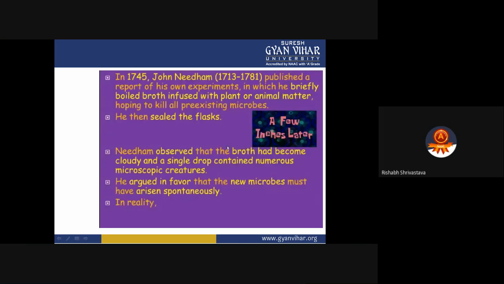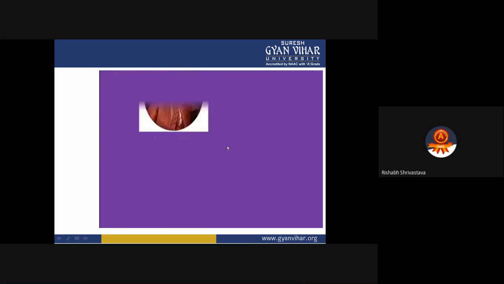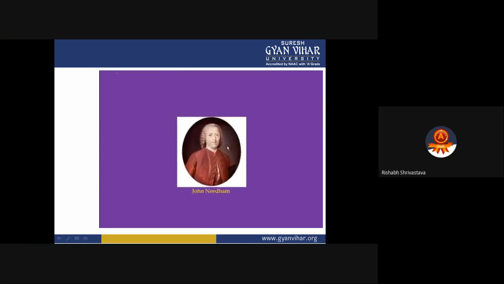Well, what actually had happened was he was unable to kill all the microbes properly in that broth. When you boil, it is not compulsory that you will kill all the microbes, right? The spore forming bacterial cells can still survive. This is Sir John Needham.